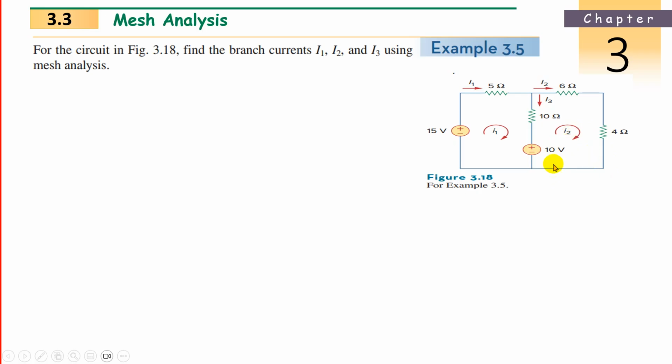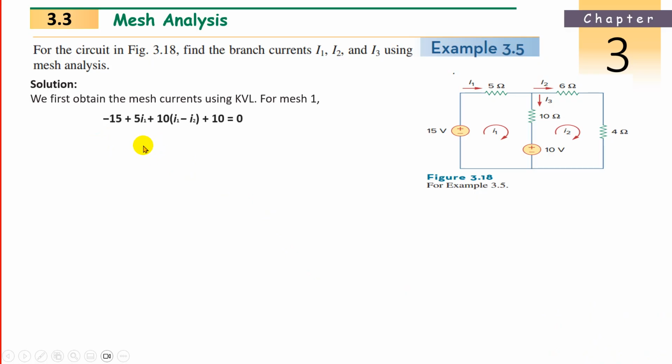I2 is the reference, so I2 minus I1, plus 10 because current is entering the resistance. Now check the first loop: minus 15, plus 5 I1, then 10 times I1 minus I2, plus 10 because entering. If you rearrange, you will get this equation: 3 I1 minus 2 I2 equal to 1.